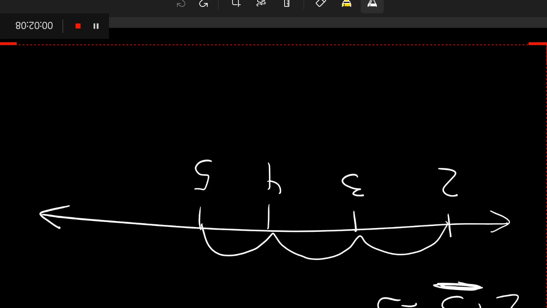Great. Alright, now we're going to learn about what adding negative and subtracting negative integers mean. Say you see something like this. What does that mean?